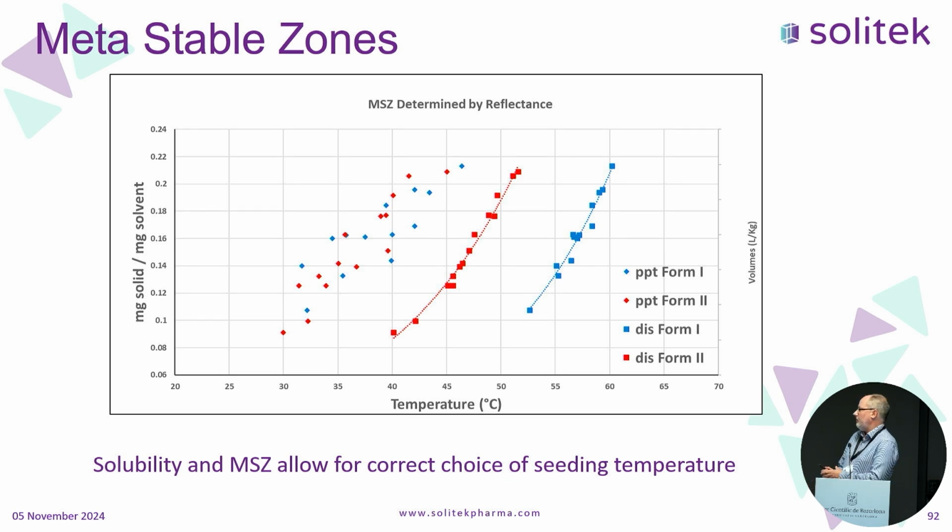And this is extremely valuable information for process development because, of course, if we want to have polymorphic control, one way of doing that is to seed in this area here where we know that form 2 will not crystallize. If we want form 2, then we should be seeding in this area here.